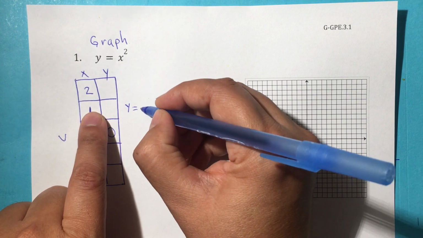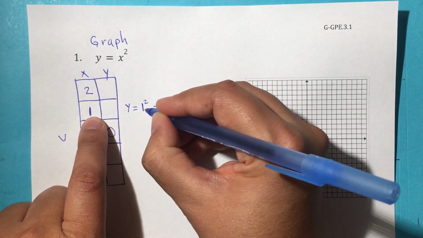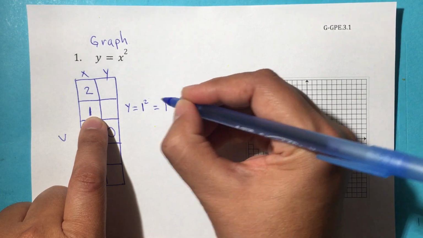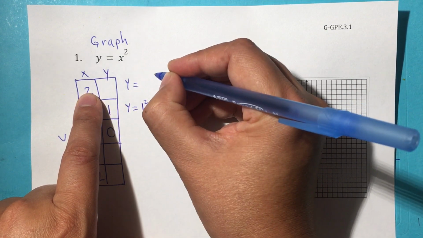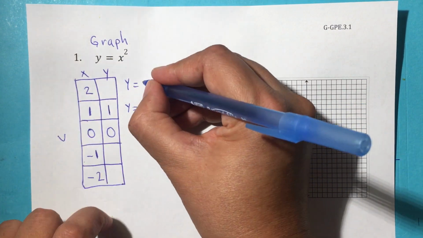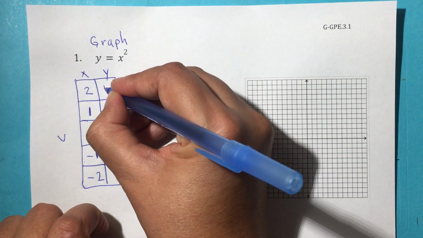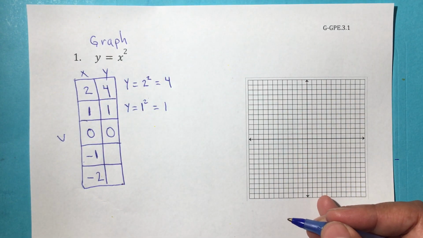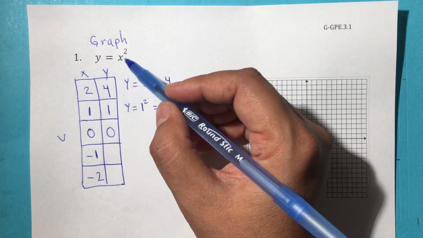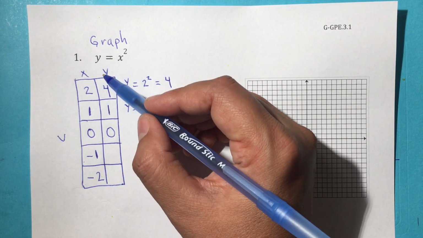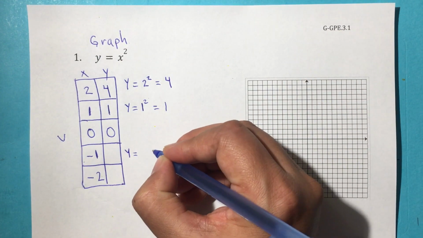X is 1, so you're substituting that in there to the second power, and it means 1 times 1, which is 1. For this one, y is 2 squared, 2 times 2 is 4, so that's the value for y. And if you had 3 in here, 3 times 3 is 9, so the next value will be 9, okay?